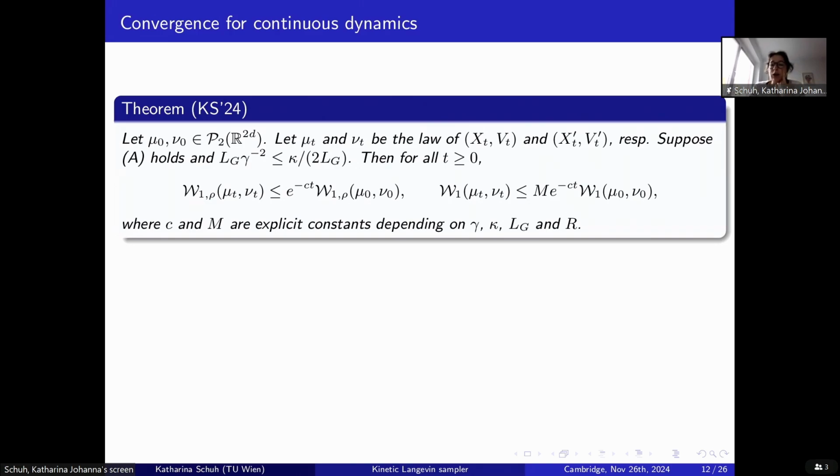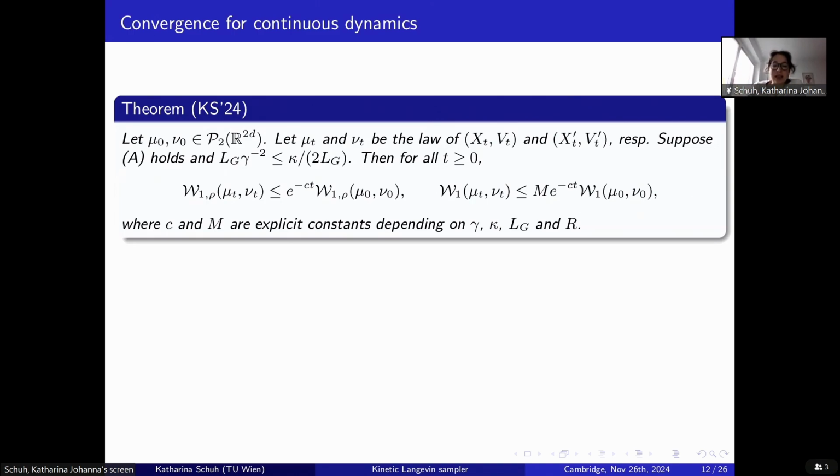And for the continuous dynamics, if you start, for example, in two probability measures mu zero, and we denote mu t and mu t prime the law of the two copies of the continuous dynamics, then, provided we are in the previous set of assumptions, which was the setting that we are strongly convex outside the Euclidean ball and Lipschitz continuous, and provided that our Ornstein-Uhlenbeck part of the continuous dynamics is sufficiently large, which is encoded in this condition here, one can find a distance rho such that in Wasserstein 1 distance we get contraction with respect to this rho.